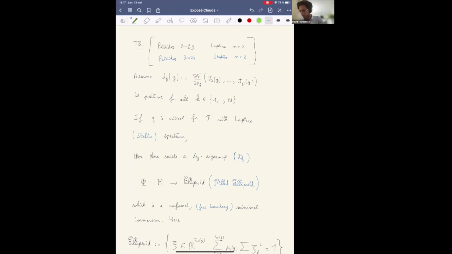And so Romain treated the case of Laplace and Steklov on surfaces in two different papers published recently.